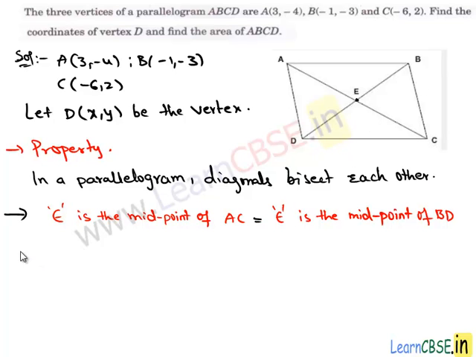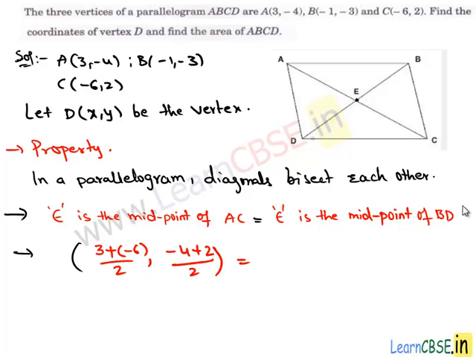We know that the midpoint of any two points is the sum of x coordinates divided by 2, and the sum of y coordinates divided by 2. Here we take A and C. Their x coordinates are 3 and -6, so (3 plus -6) divided by 2, and their y coordinates are -4 and 2, so (-4 plus 2) divided by 2.